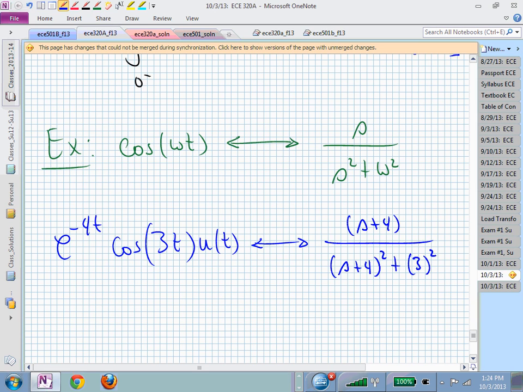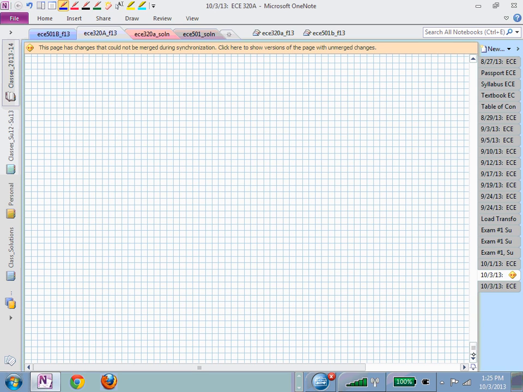So now we know what an exponentially damped cosine's Laplace transform looks like. It looks similar to the cosine, except now we have this s plus a quantity squared factor and not just the s squared.